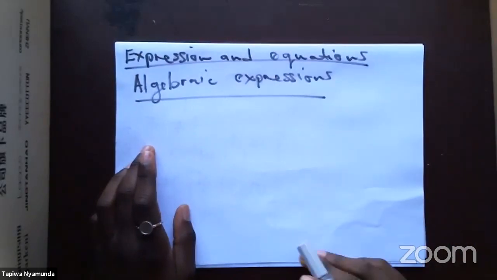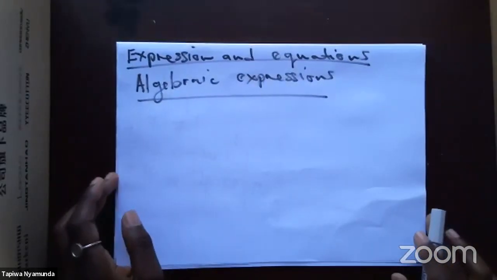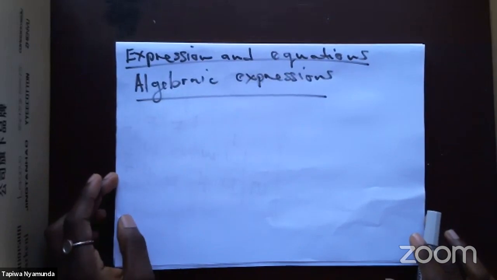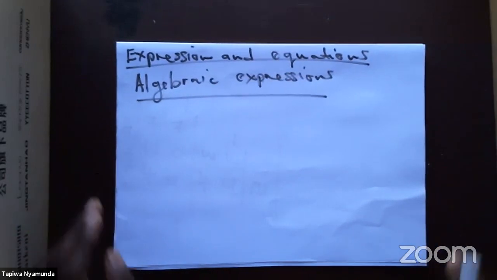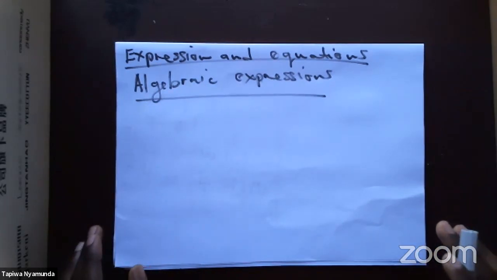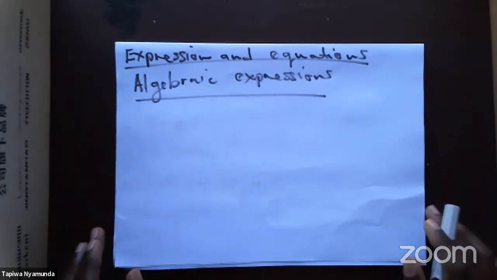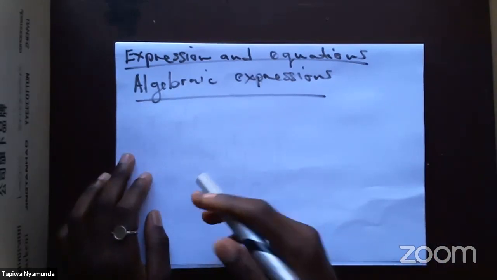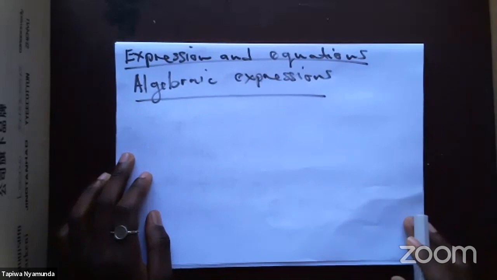Sometimes we do this to make our calculations easier, because the whole idea is to make our calculations easier. We do the calculations using numbers, then we substitute the numbers with letters, then we calculate using letters.